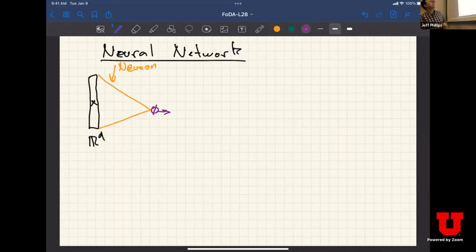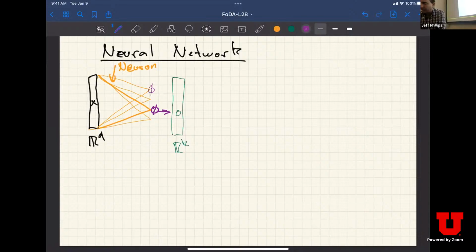Okay, and so I want to chain these together, but the first observation is that instead of just doing one after another, I'm going to have an output, which might be a k-dimensional output. I'm going to take the same input and repeat this many different times. So this might be k equals 4. I have 4 of these neurons from the same input, right?